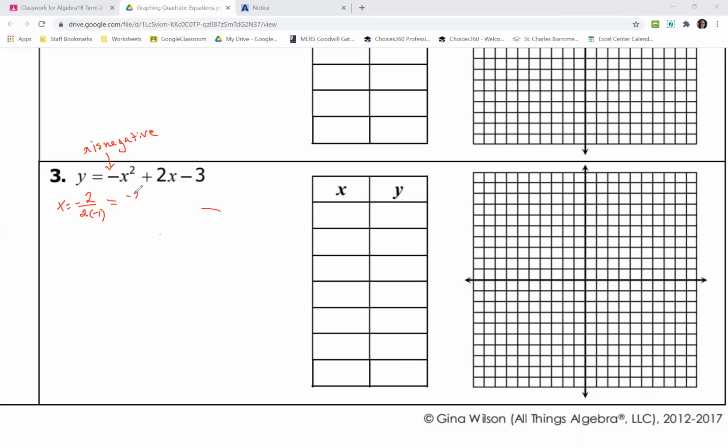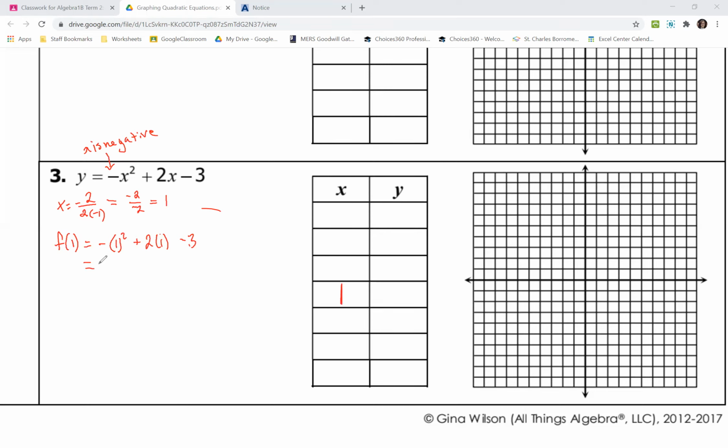So I have negative 2 all over negative 2, so that equals a positive 1. So my vertex is a positive 1, so I'm going to write that right there. And then my f of a positive 1 equals negative 1 squared plus 2 times 1 minus 3, okay? Now you see in this one, my negative sign is not being squared, so it'll stay.